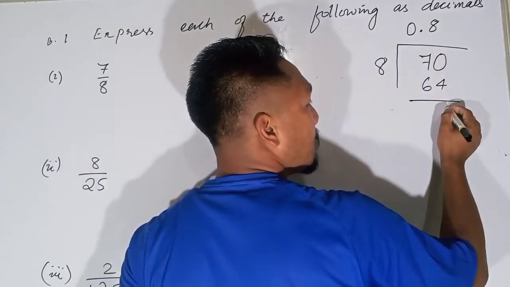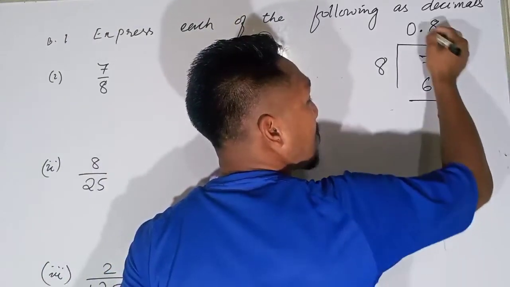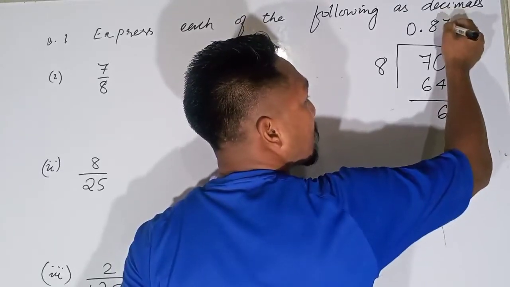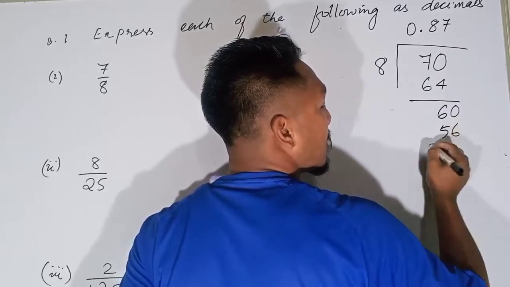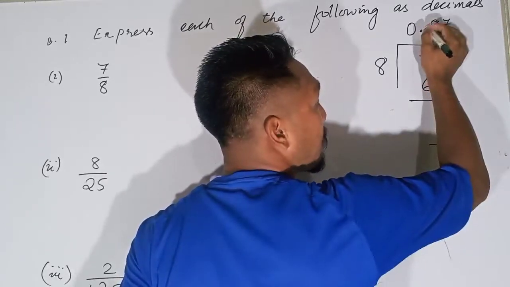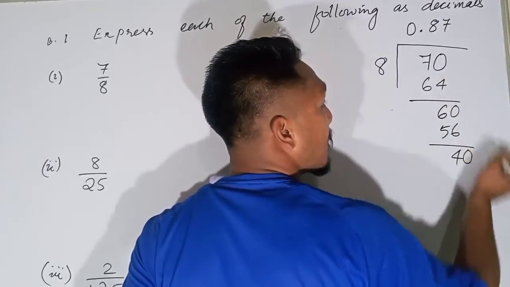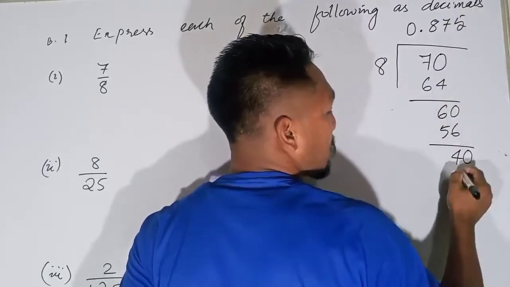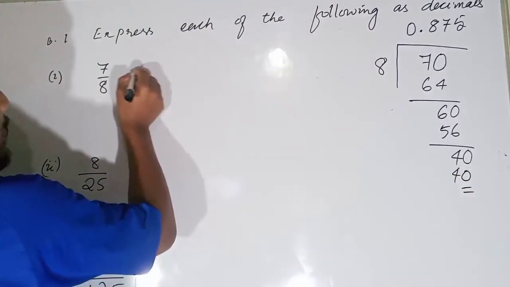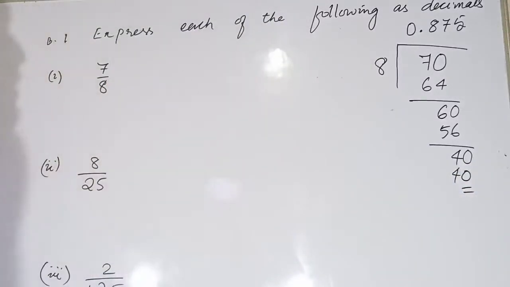We subtract it, this becomes 6. Again after the point we have 0, so we put 0 here. 8 sevens are 56. Subtract it, that becomes 4. Again we put the 0 here. 8 fives are 40. So this is your decimal number, we can write this as 0.875.